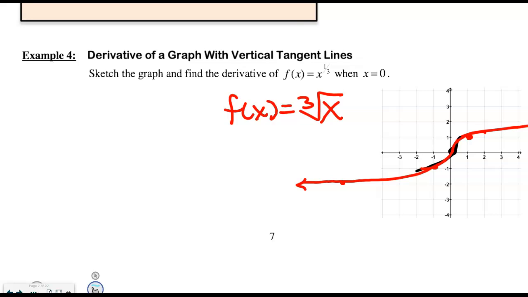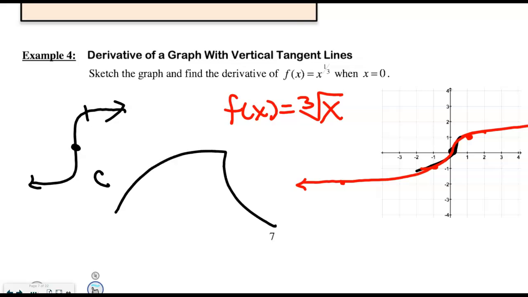So if you see a graph like this, and it asks you to find the derivative at C, what are you going to say? What are you going to say? Doesn't exist. Now, if the C is over here, the derivative does exist. So you got to watch where they put the C. That happened on one of the homework questions. I think it went like this.